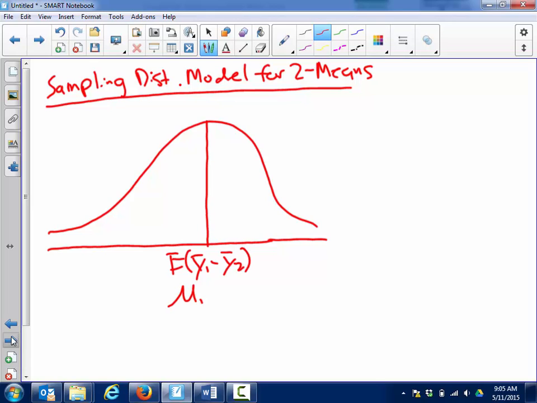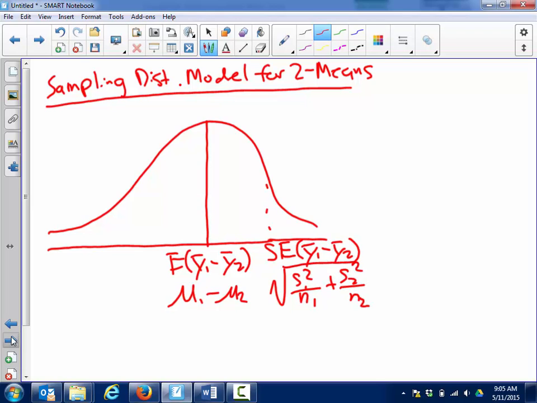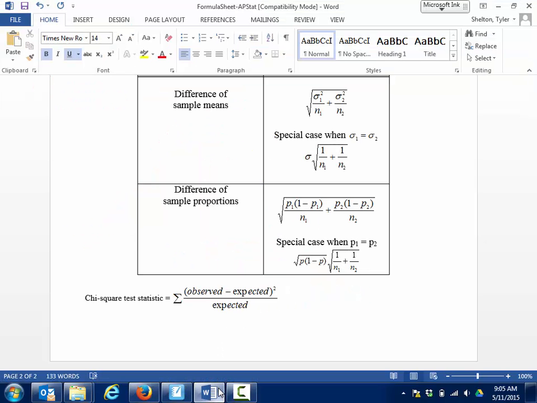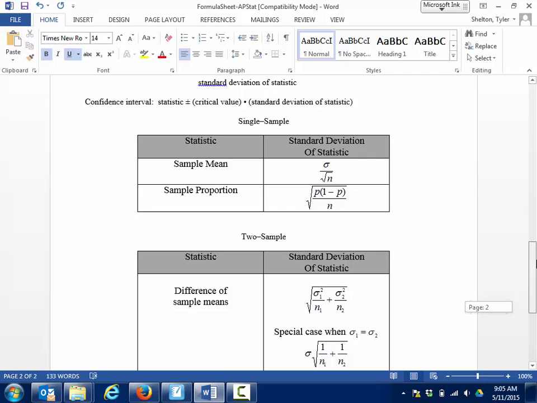All right, so the expected value of a sample from the first group minus a sample from the second group is just your population mean from the first minus the population mean from the second. Your standard error of y1 minus y2 is the square root of s1 squared over n1 plus s2 squared over n2.